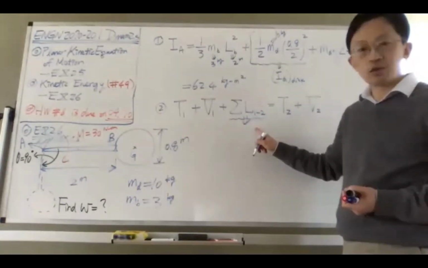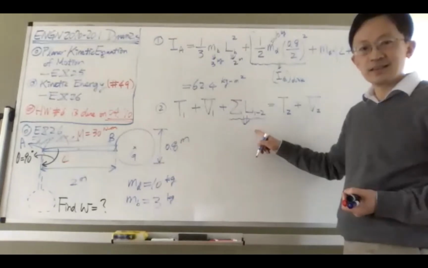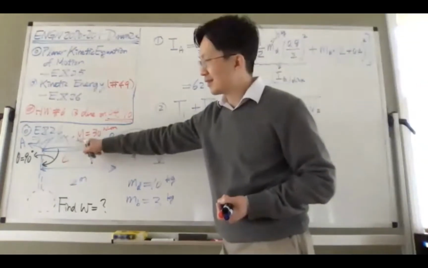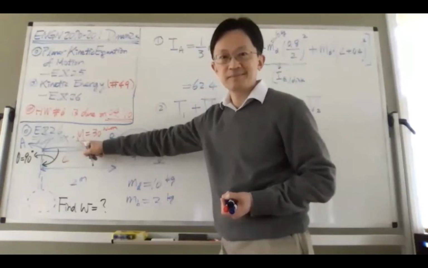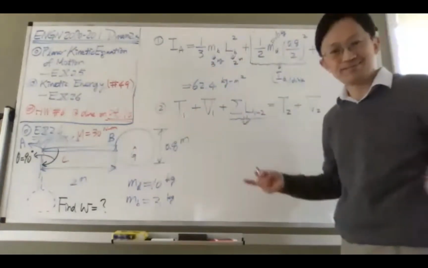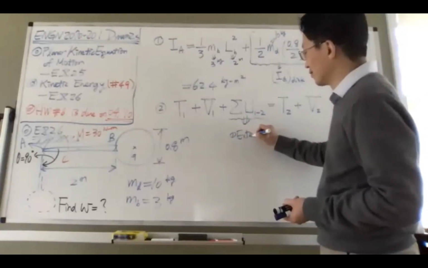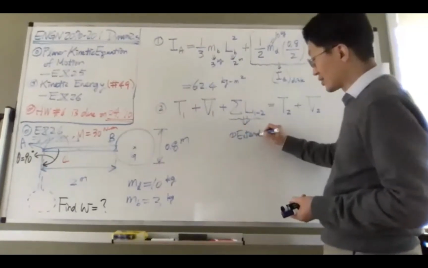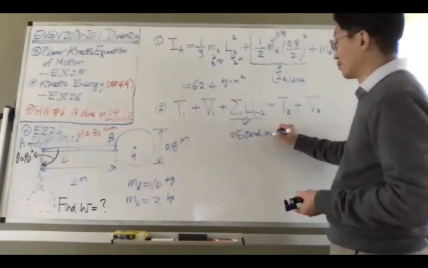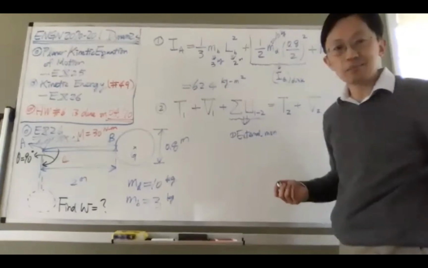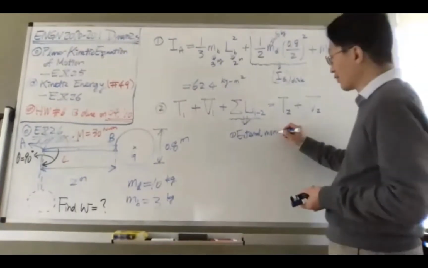Do we have external force here? No. What about this? Yes, we do. It's not force, but it's external moment. We don't know why it's 30 Newton meter, right? Because it's external. So we do have external moment.